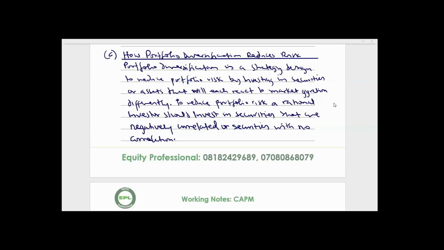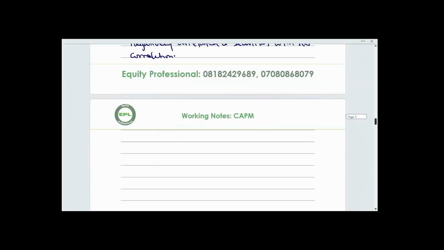Let's move on. So let's go to alpha calculation, and that's where we are going to stop. We are going to solve two questions under alpha. Remember, a few days ago when we had the introduction to CAPM, I mentioned there are different ways the examiner can test you under the capital asset pricing model. It is also possible the examiner can ask you to calculate alpha.